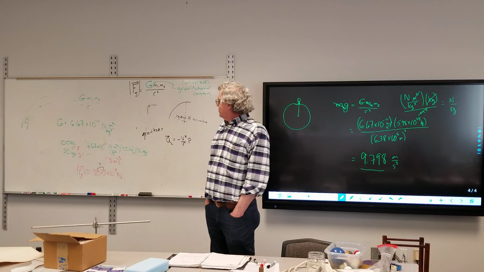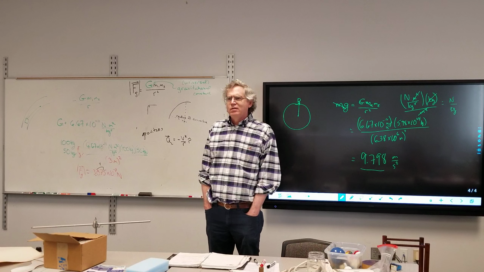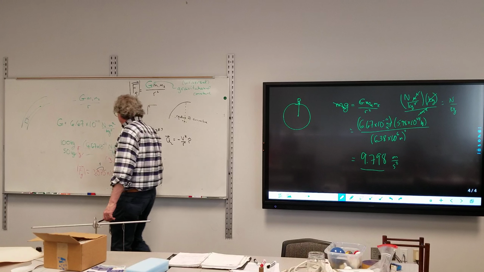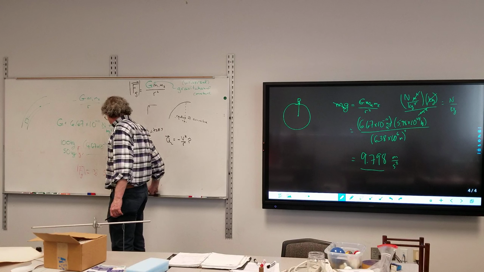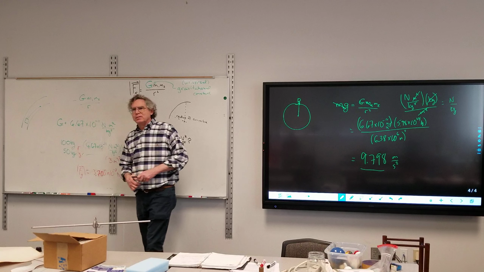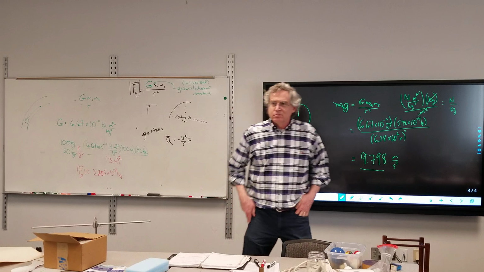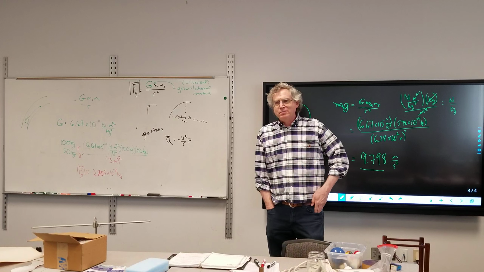Oh, 3.70. 7.0. Okay. Probably just a little dyslexic. Thank you for pointing that out.